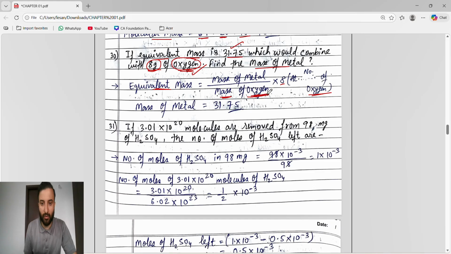Guys, the mass and atomic number depend upon which element is present here, right? Which would combine with 8 gram of oxygen. If sodium or potassium is given, we'll take the mass of sodium or potassium given here, and then the atomic number of sodium or potassium, whatever is given.